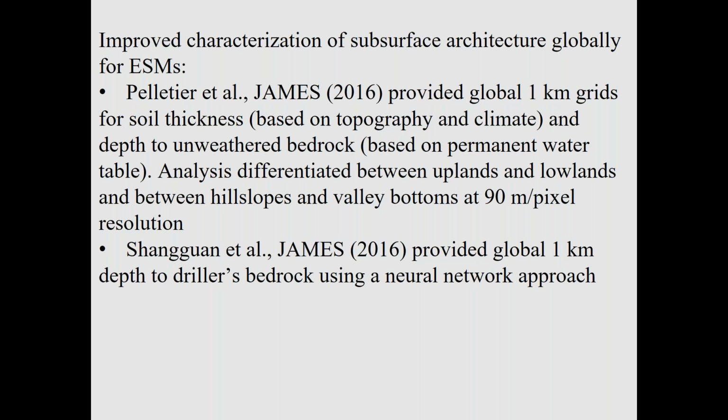And we also differentiated between hill slopes and valley bottoms, because valley bottoms can have significantly thicker deposits even in upland environments. Upland environments have experienced climate changes that have given rise to fairly thick fluvial deposits along the valley bottoms. And so we've attempted to essentially break up the world at 90 meter per pixel resolution into uplands and lowlands, and also between hill slopes and valley bottoms. And some of that work is relevant here.